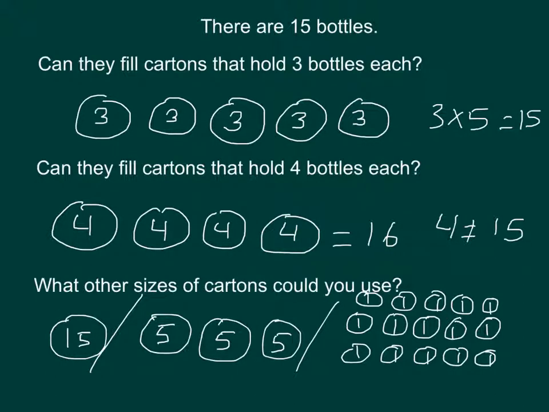Or we could have 15 cartons that hold 1 bottle each. So 1, 3, 5, and 15 are all factors of 15. They go into that number evenly without a remainder.